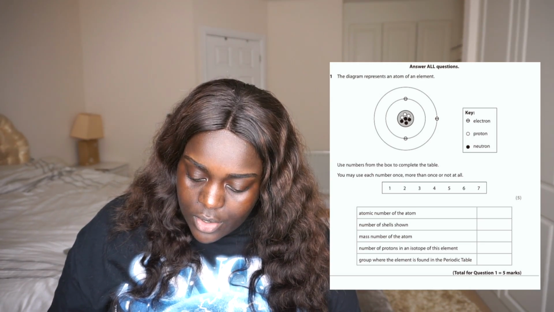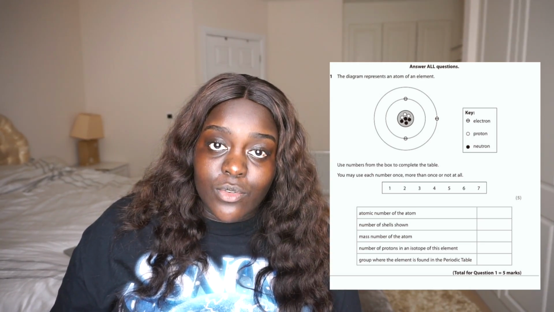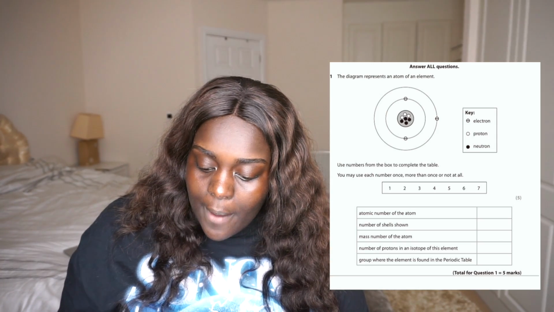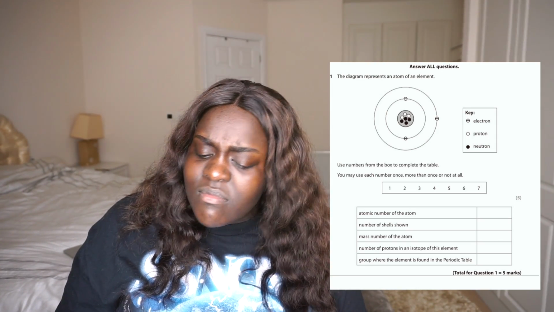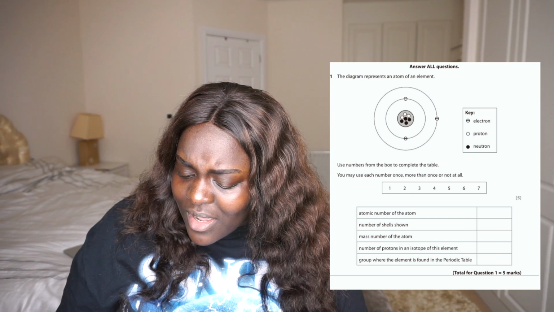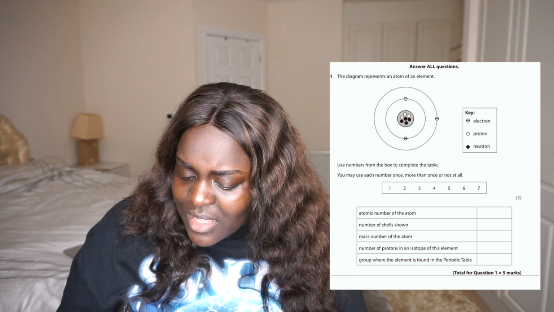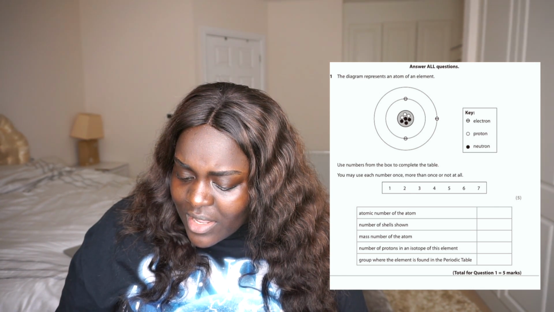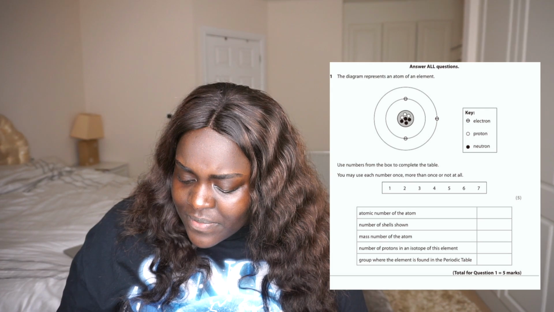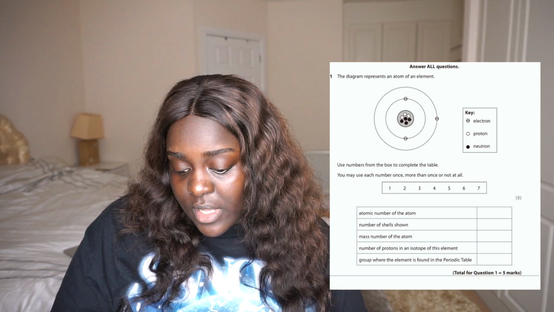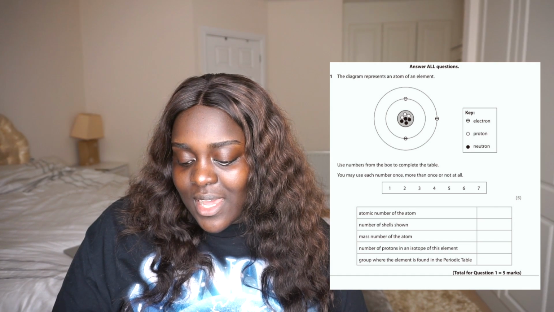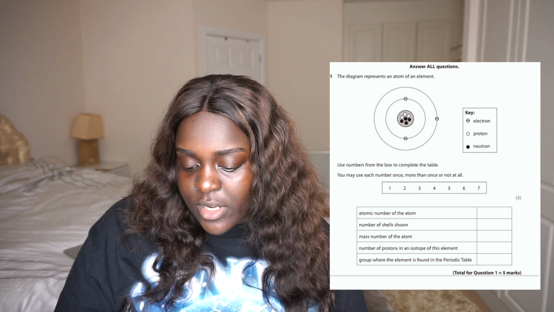Number of shells shown. 2 circles, 2 shells, so 2. Mass number of the atom. Let's say 7, because 7 in the middle. Number of protons in an isotope of this element.